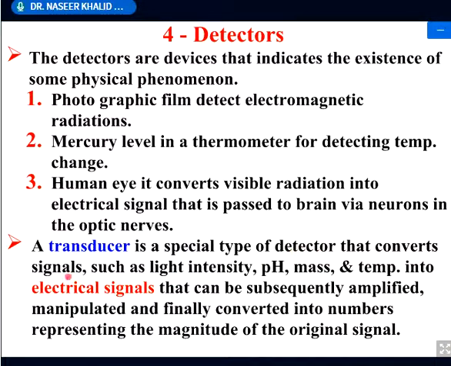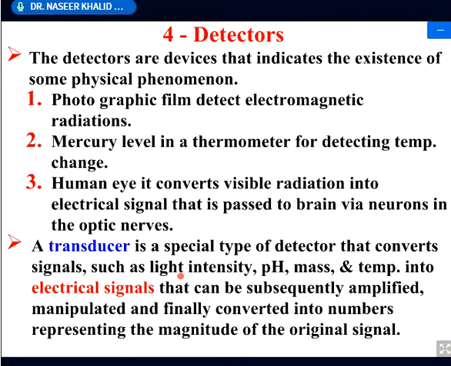They convert signals such as light intensity, pH, mass, temperature into what? Into an electrical signal. And that electrical signal can be subsequently amplified, manipulated, and finally converted into numbers representative of the original.